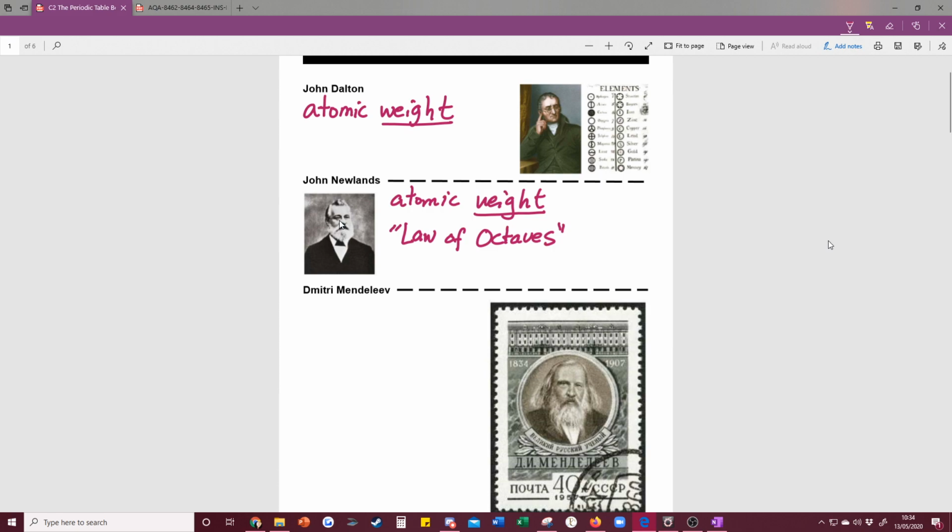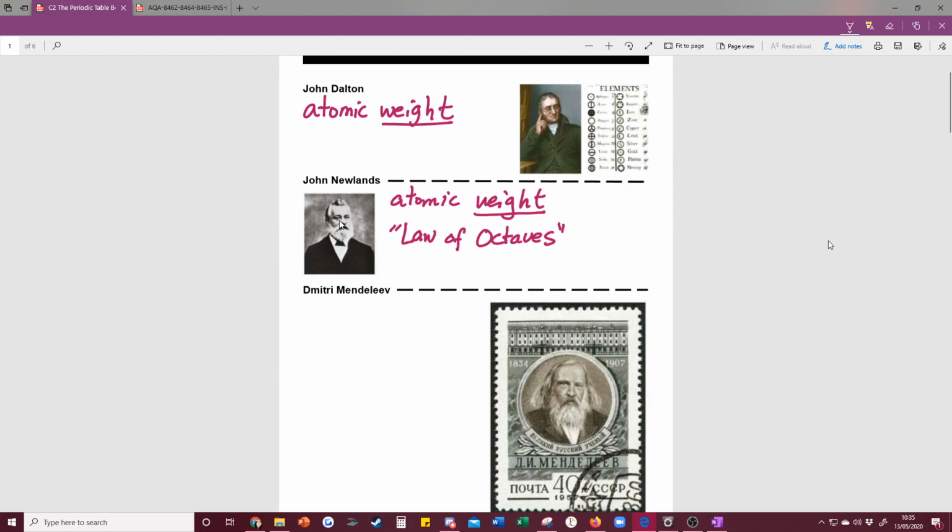The second one, the 10th one, the 18th one behave similarly. So basically, after he organized it by weight, every 8th element shared similar properties with the element 8 down the line. Hopefully that makes sense.